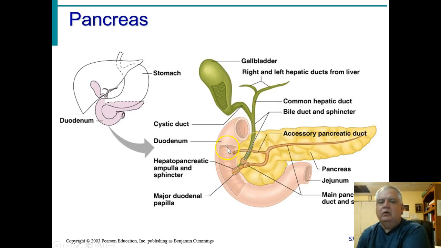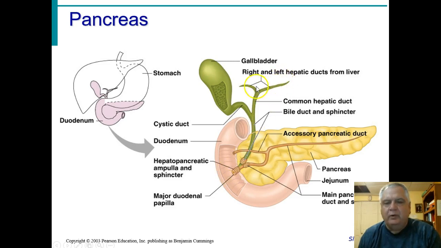But what happens whenever a person has a cholecystectomy or whenever they have their gallbladder removed? Does that mean that they're going to have trouble emulsifying or breaking down the fat into smaller pieces to make it easier to digest? Well, they may initially, but what will happen is if the gallbladder is removed, these two ducts right here, the hepatic ducts, will dilate. In other words, they'll get larger, and the liver will compensate for that by producing additional amounts of bile and letting the bile drain down into the small intestine.